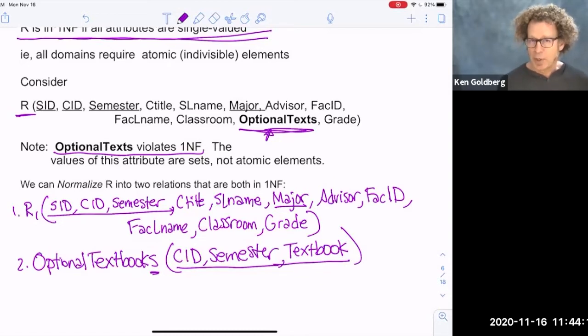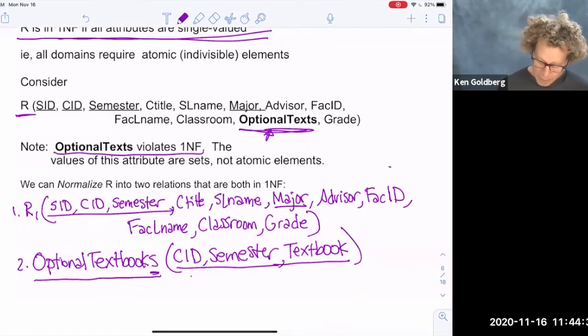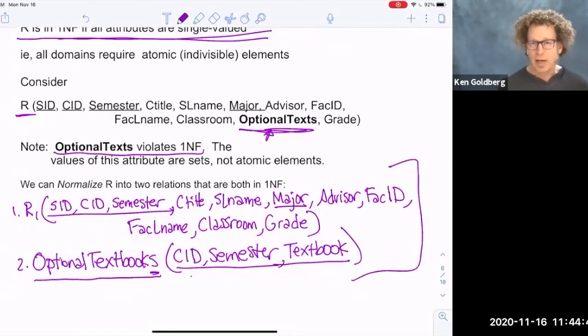But here's an exception: I do like you to put plural when it's a multi-valued attribute being converted. That's why this says optional textbooks. It's a clue that I can have a class and a textbook and a row for each of the optional texts in that class. Now when we look at this combination, this is in first normal form.